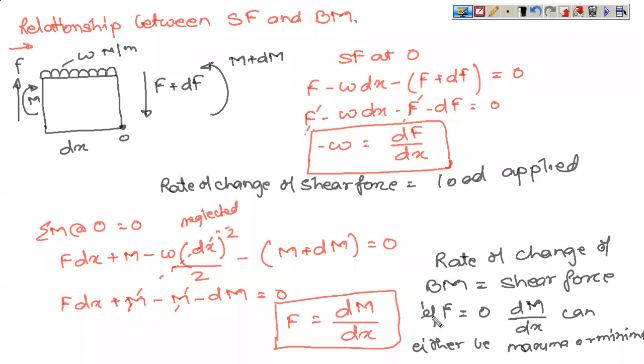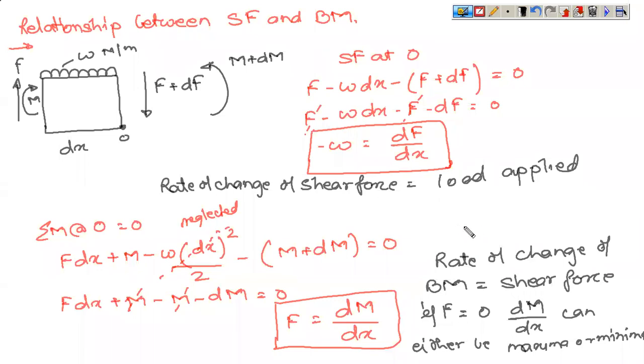To confirm whether it is maxima or minima, we find out d2M by dx2. Now, if it can be either maxima or minima, minima is 0. In the case of a beam, the minimum bending moment is 0. So minimum bending moment occurs at the supports only. So that means it will be a sure shot case of maxima only.